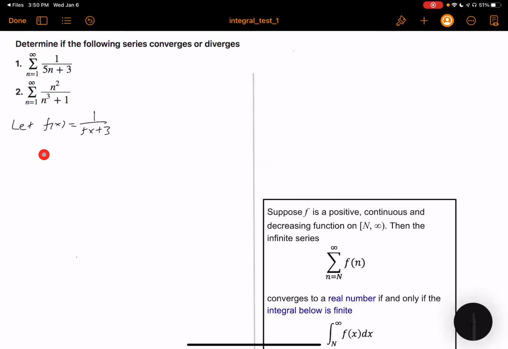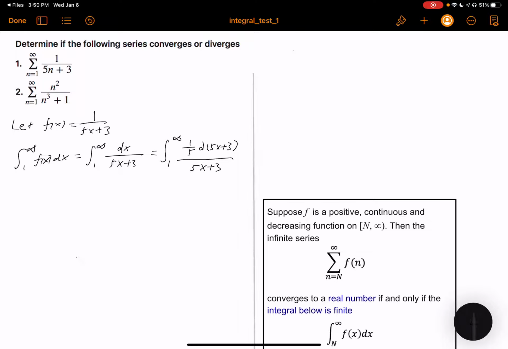So let's look at the integral from 1 to infinity of f(x) dx. This is equal to the integral from 1 to infinity of dx divided by 5x plus 3, which is equal to the integral from 1 to infinity of 1 over 5 times d(5x plus 3) divided by 5x plus 3.